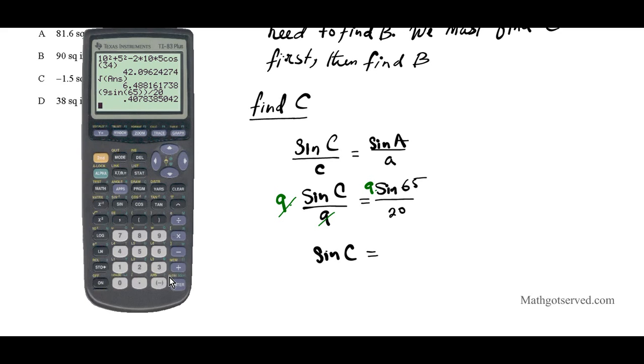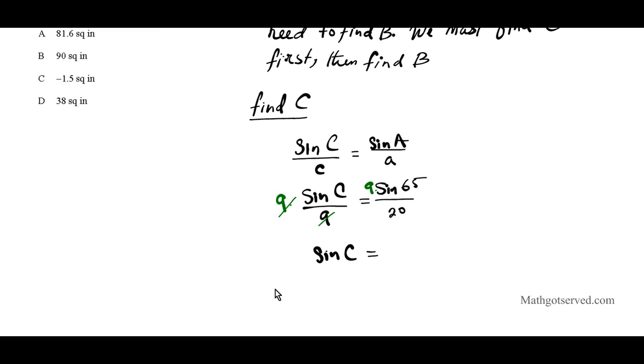Final answer is 0.4078. So sine C is approximately 0.4078. And then to get C by itself, we simply take the inverse sine of both sides.